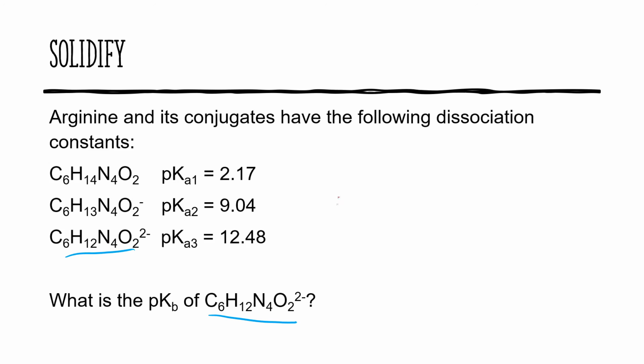But remember, the first thing I need to do when I'm asked this kind of question is find the conjugate. They're asking us about a pKb, which means we're looking for its conjugate acid. So we're going to find its conjugate acid. Its conjugate acid is going to be this middle one with a pKa of 9.04.